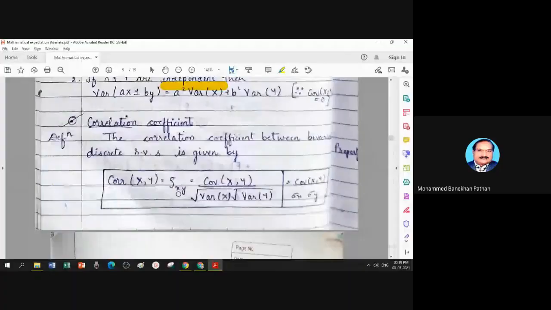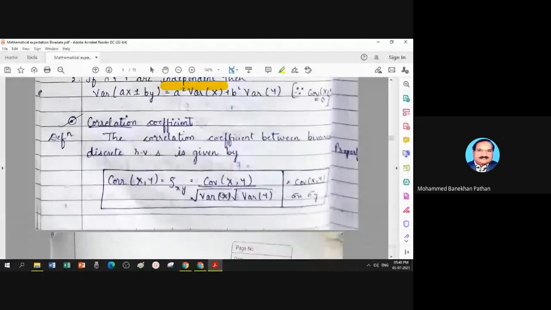It is a ratio of covariance to the standard deviation, which is nothing but the root of variance of the respective variable. So it is covariance of x and y divided by sigma x into sigma y. The definition is exactly parallel for both. The way of calculation is different.